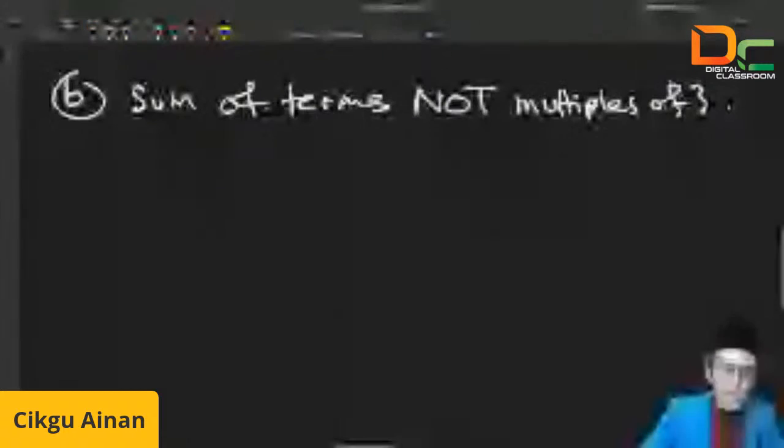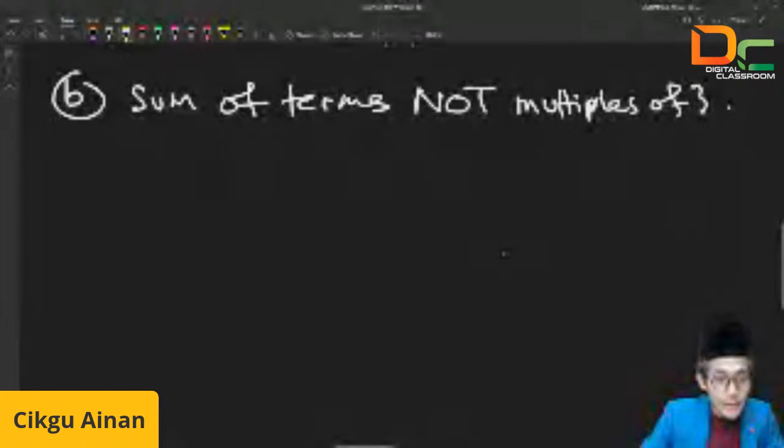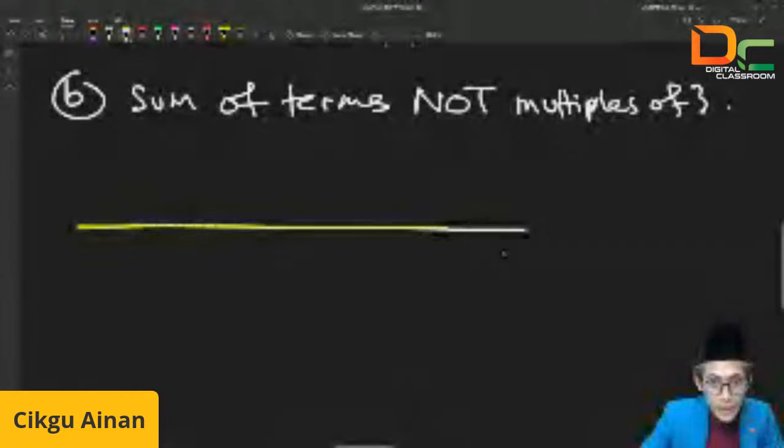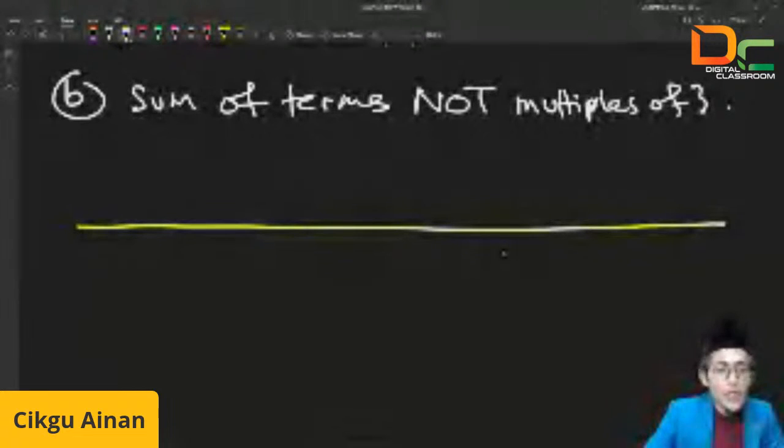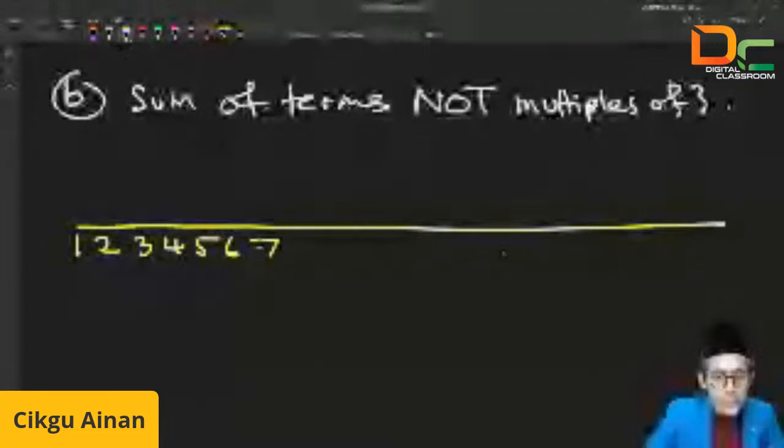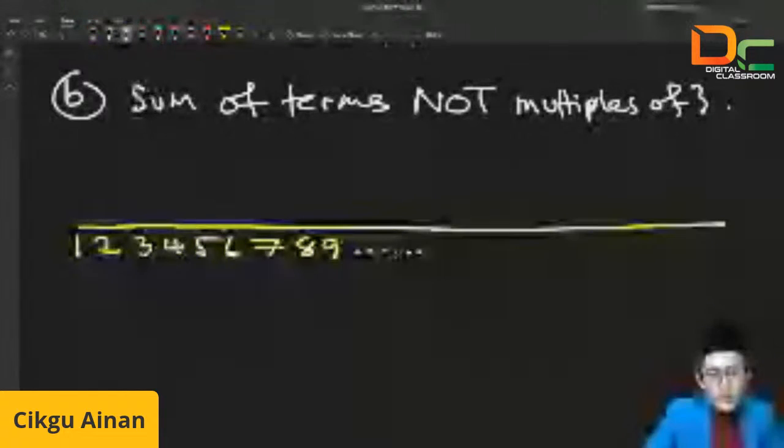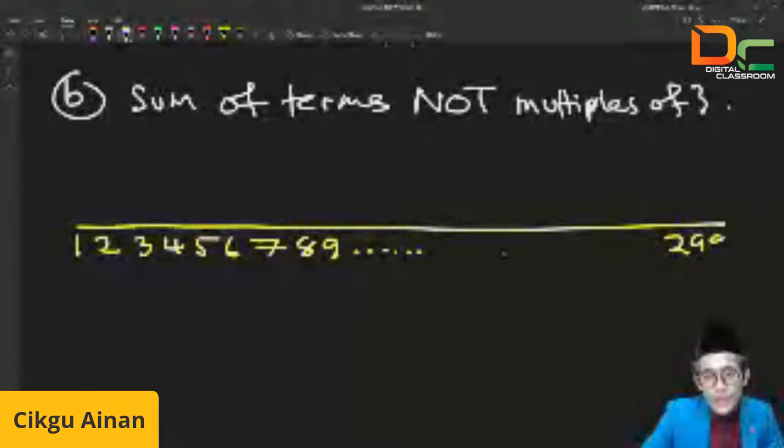Now, so let's go back into the number line, the one that we get just now. So from this number line we get 0, don't want lah. We take 1, 2, 3, 4, 5, 6, 7, 8, 9, sampai tadi 300 tak boleh. So 299, 298, 297, 296.